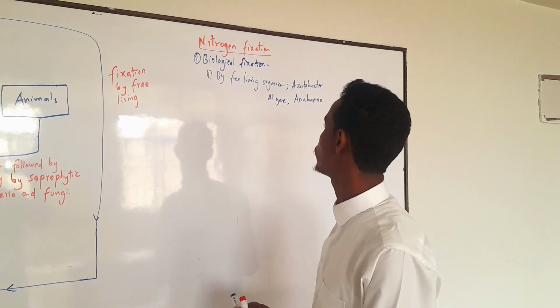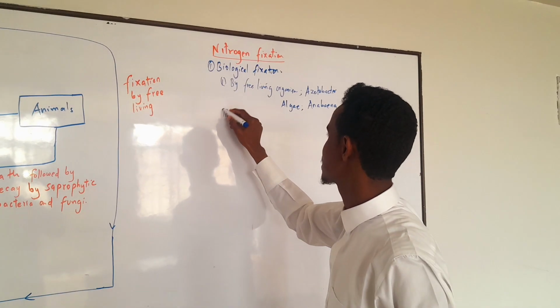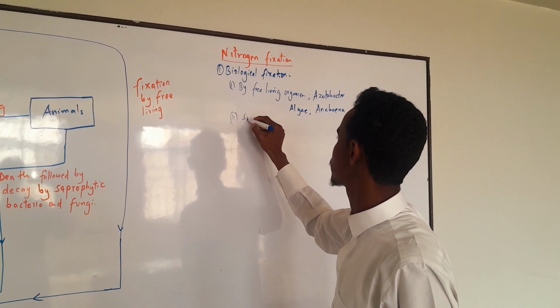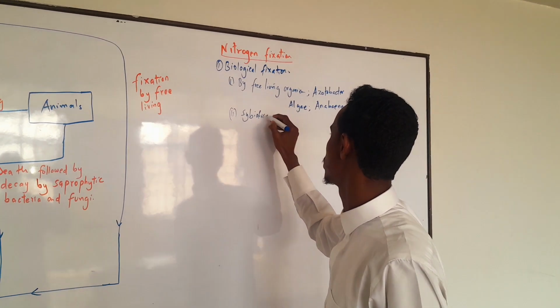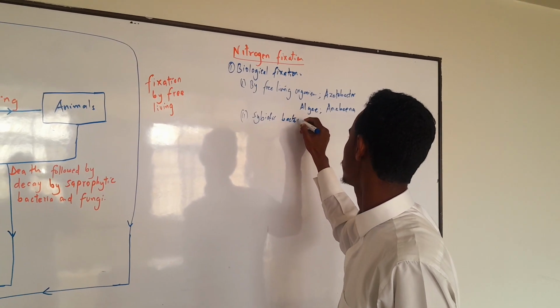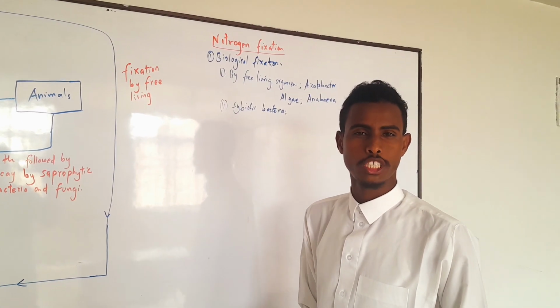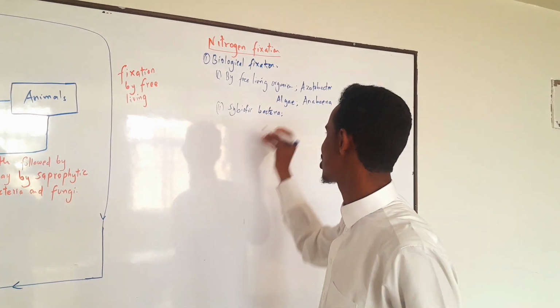The other way of biological fixation is by symbiotic bacteria. An example of the symbiotic bacteria class here is the Rhizobium bacteria.